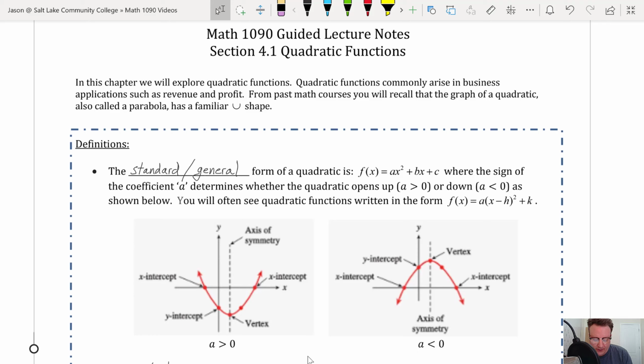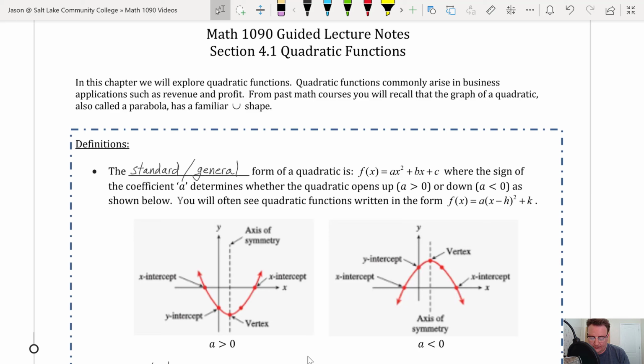Okay, so the definitions. The standard or general form of a quadratic is f of x equals ax squared plus bx plus c, where the sign of the coefficient a, that coefficient on the leading term of the quadratic function, determines whether the quadratic opens upward, that's when a is positive, or downward, that's when a is negative, as shown below.